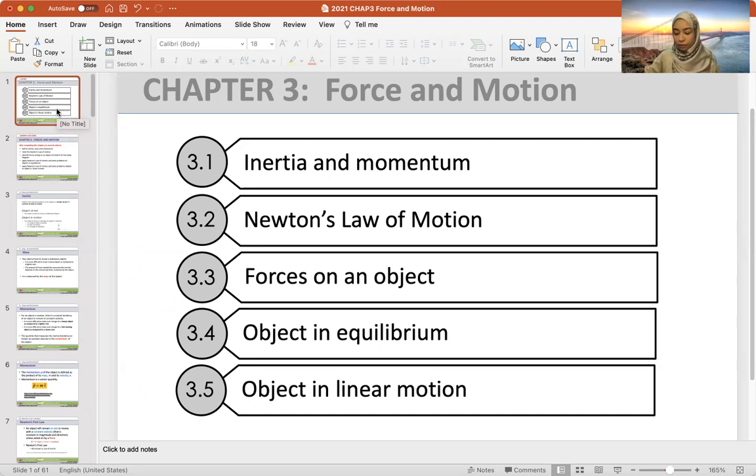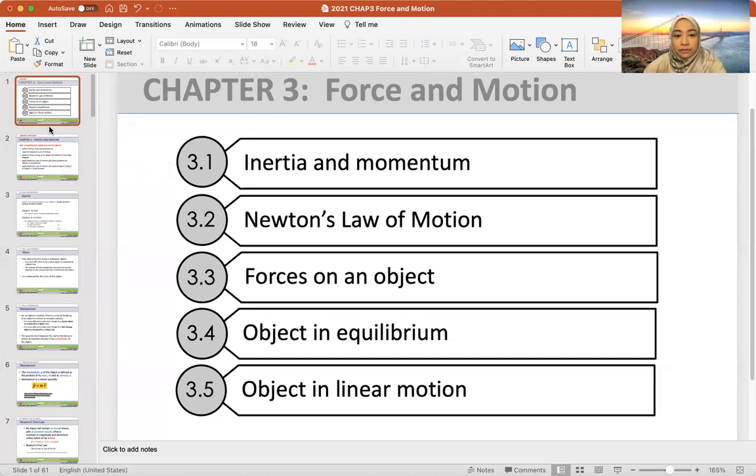You can actually predict where it will fall and what the landing speed is. For this chapter, you can actually know what the forces acting on a certain object are, and there's a bunch of forces and we'll learn how to determine them.